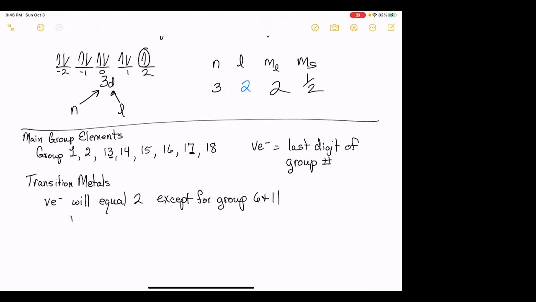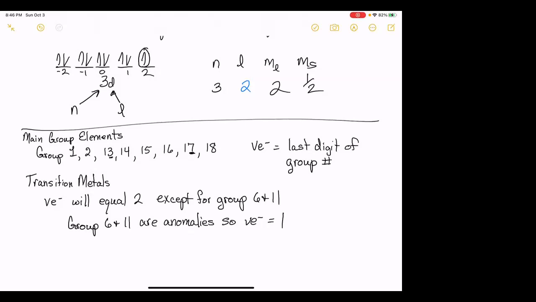And the reason is group 6 and 11 are anomalies, so the valence electrons will equal 1. The reason transition metals only have 2 is because the S's are at a higher energy level than the D, and we fill the S's before we do the D, and so those S's are our valence electrons.